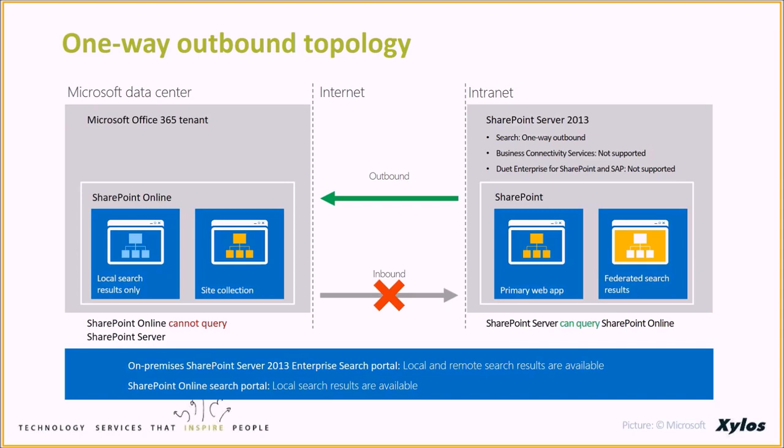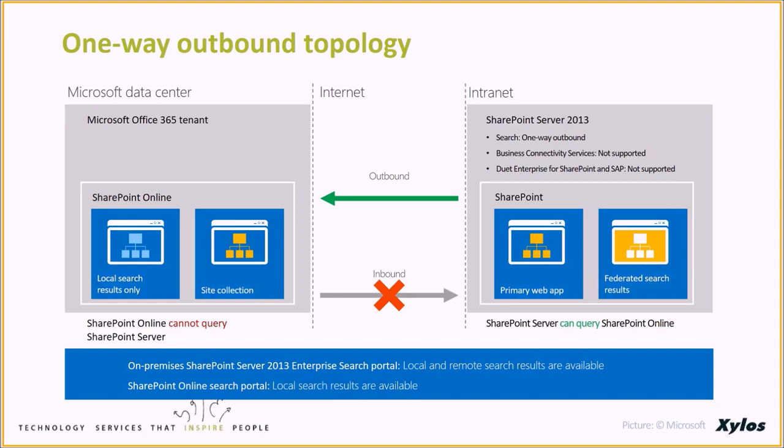Now, what we are doing here is we have two different search engines. We've got a search engine online, and we've got your own SharePoint search engine on-premises. And they both work. They will index your content. On-prem will index on-prem content, and online will index online content. Now, what happens is you can connect those two farms together. So you can connect your SharePoint on-premises farm, in this case, to SharePoint Online, based on a trust relationship.